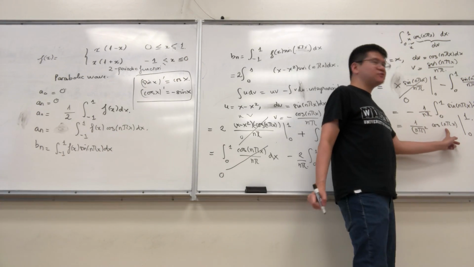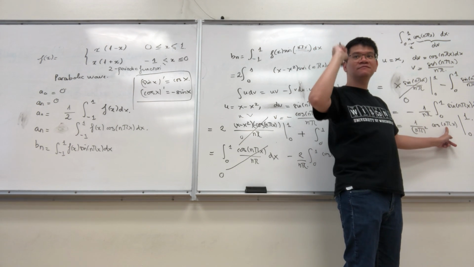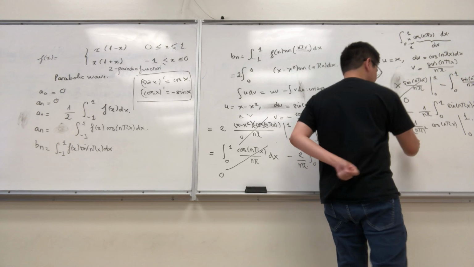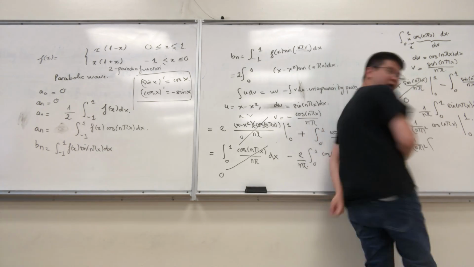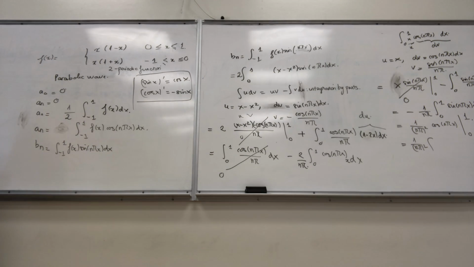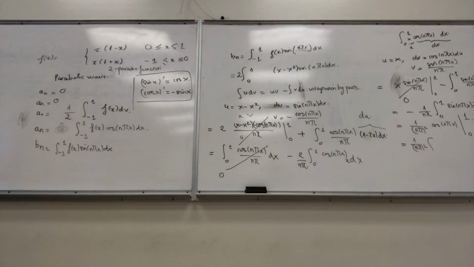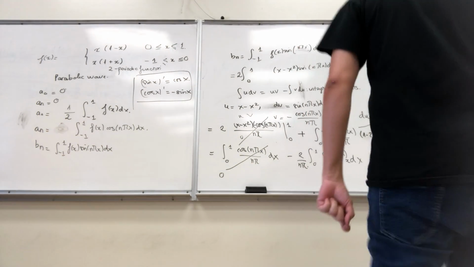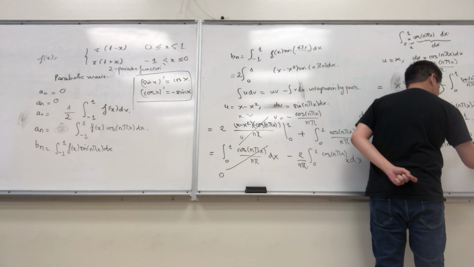So what is cosine of n pi times 1? Right. So here I'm going to have 1 over n pi squared, times cosine of n pi minus cosine of 0.